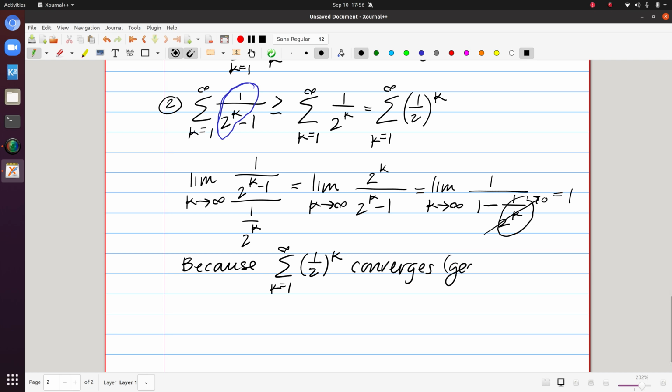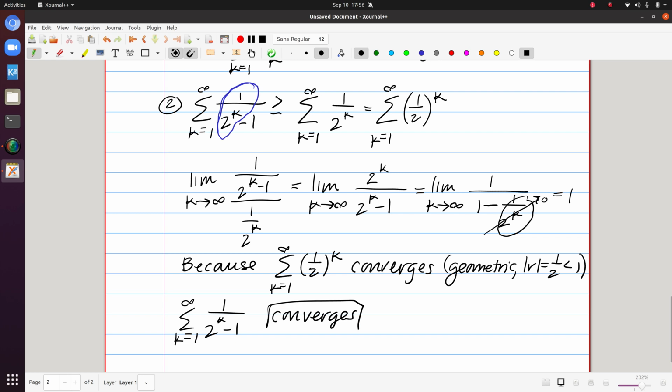That's because it's geometric, with the absolute value of r, which is 1/2, being strictly less than 1. Because that's true, I can say that the sum of 1 over 2 to the k minus 1 also converges. And I want to make sure that I reference the limit comparison test.